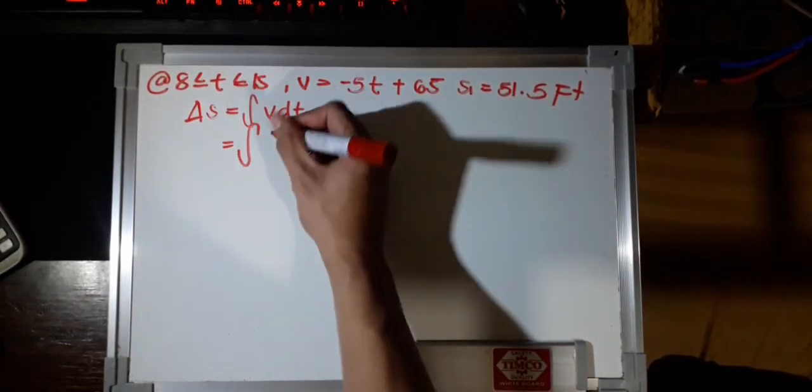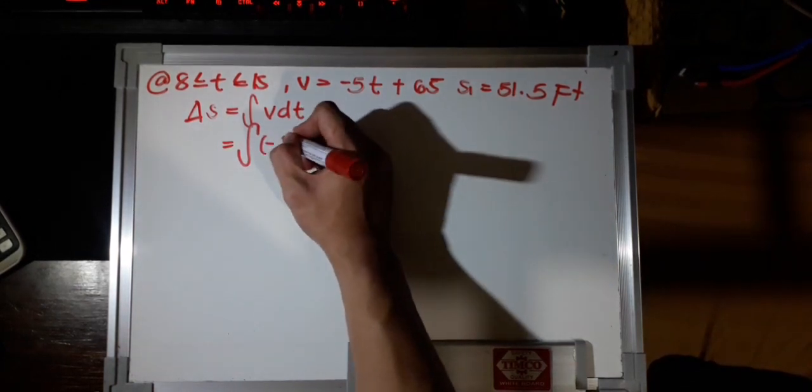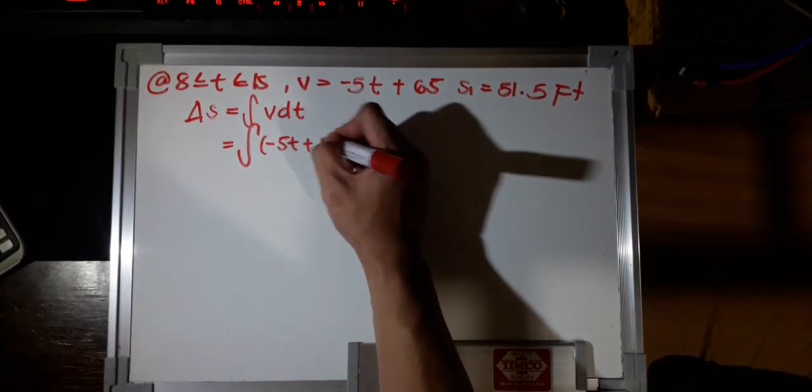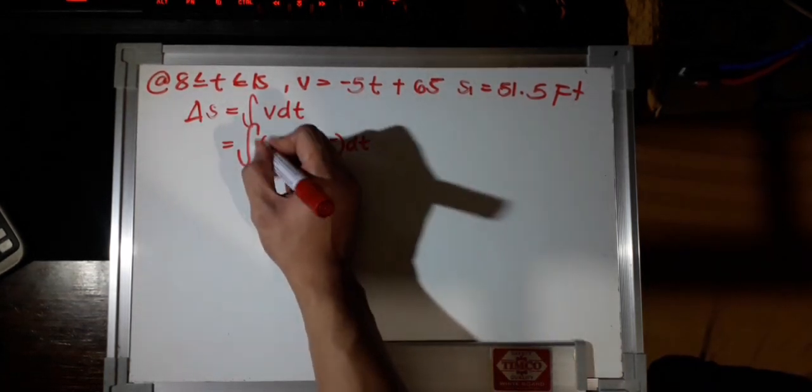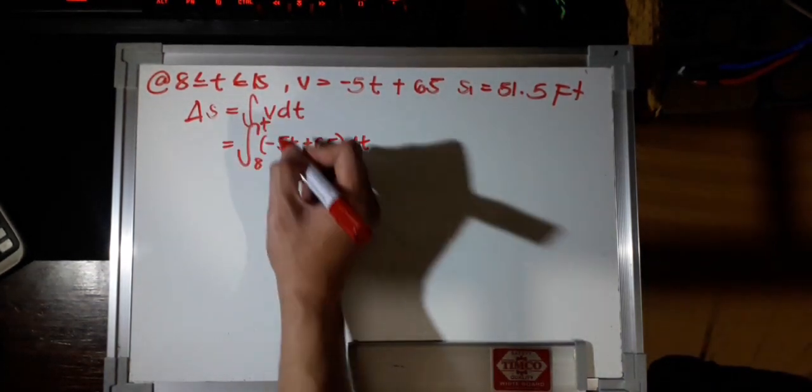So the integral of v, substitute lang natin. So negative 5t plus 65 dt limited to 8 and then time, which is unknown.